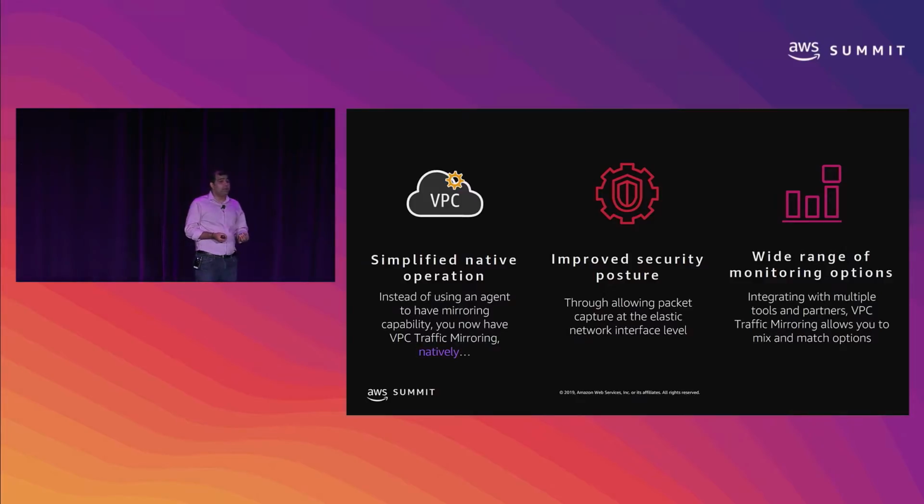What traffic mirroring does is copy the packet off the network interface of the EC2 instance before it enters user space, which means you can rest assured that you're looking at the packet which was really hitting your workload. So there is no chance of tampering with this mirrored traffic. That's a big benefit over running a third-party agent.